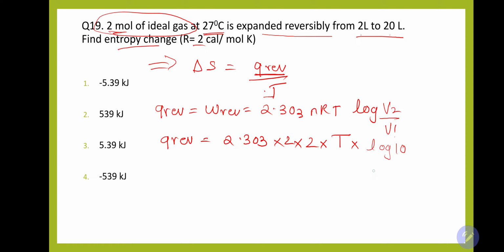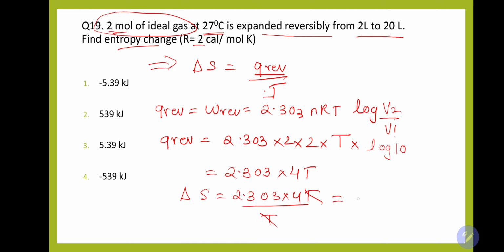So what does the value become? It is 2.303 into 4T. Log 10 is 1, so it will become 4T. So what will be delta S now? Delta S will be 2.303 into 4T upon T. T gets cancelled and the answer will be 9.2 calories.